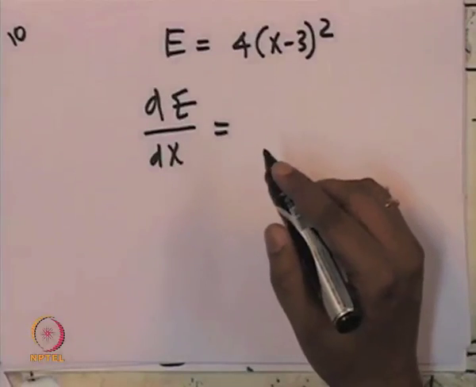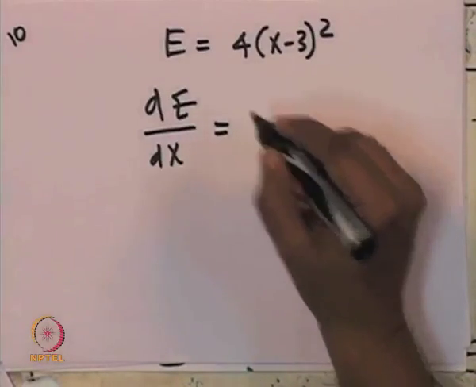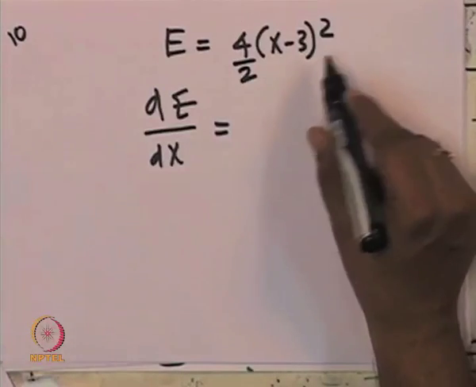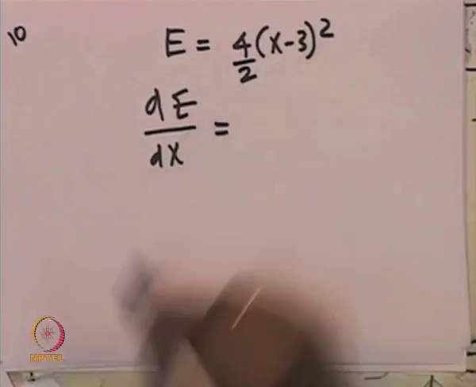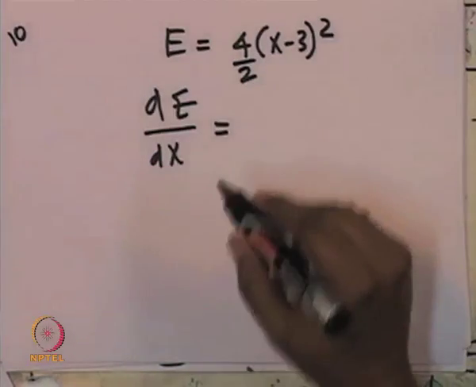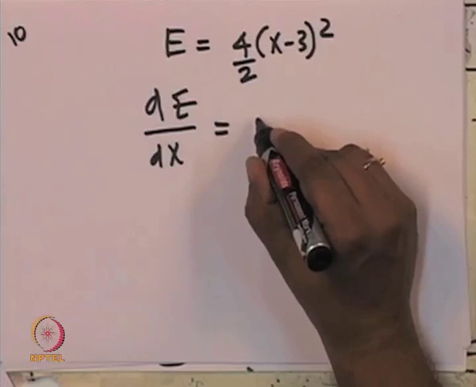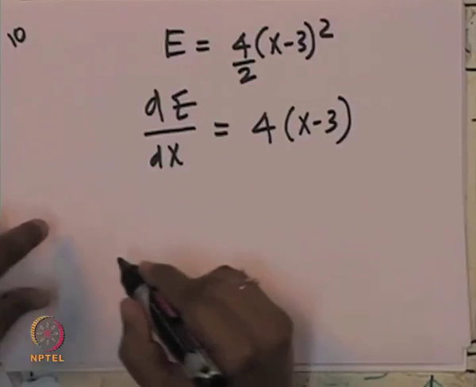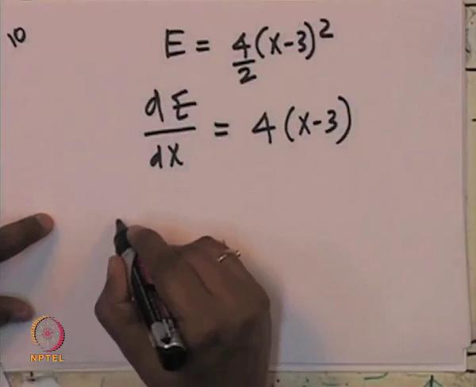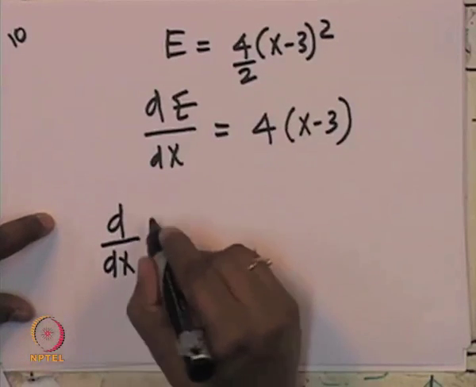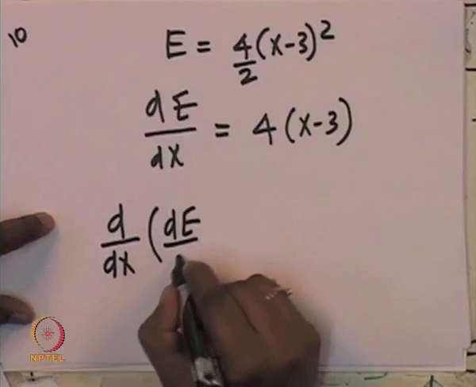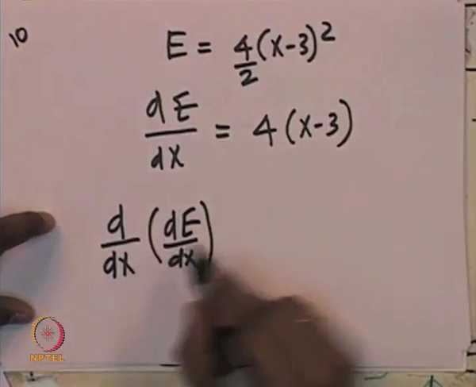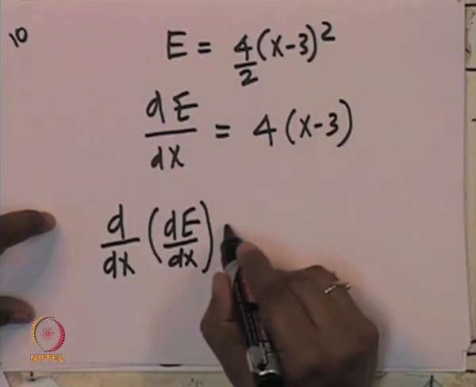The function we had was 2 into x minus 3 whole square, and the derivative we found, dE by dx, was 4 into x minus 3. What does the second derivative mean? The derivative of the derivative. So, dE by dx we already have, and you find one more derivative of this. This is the second derivative.